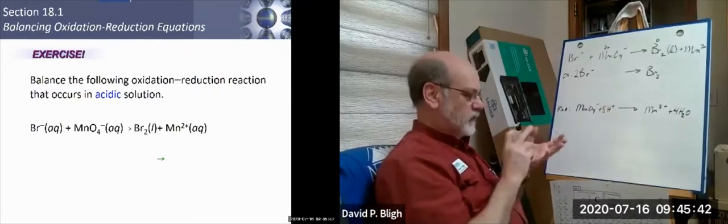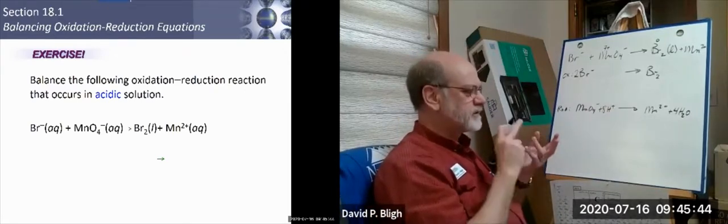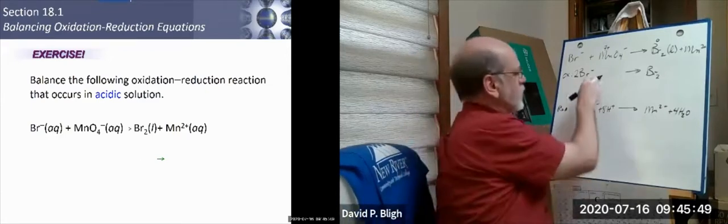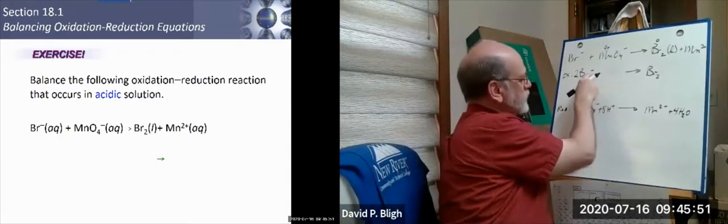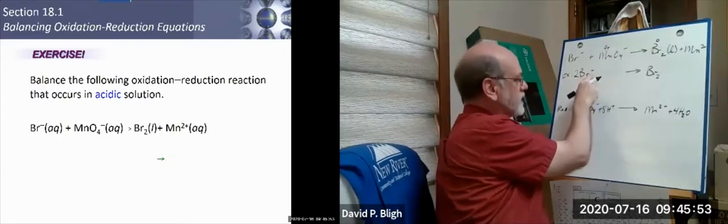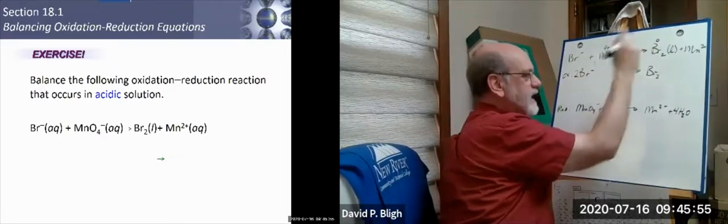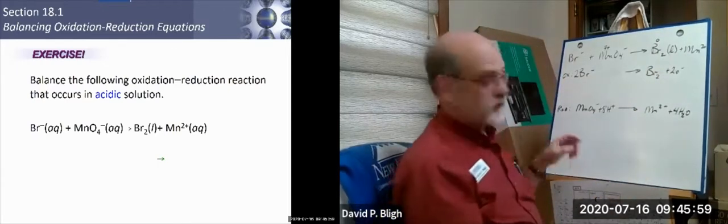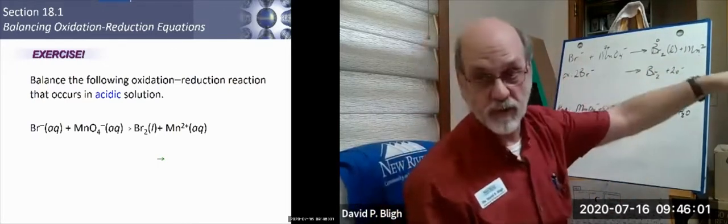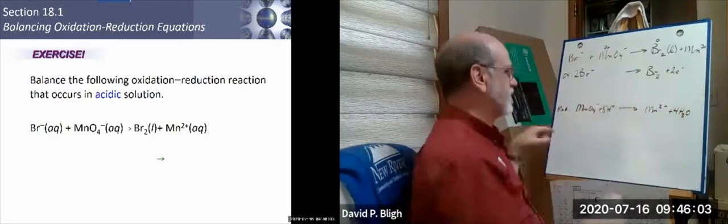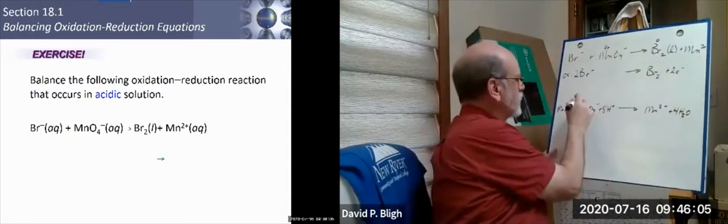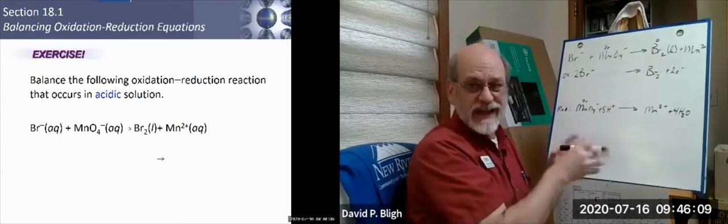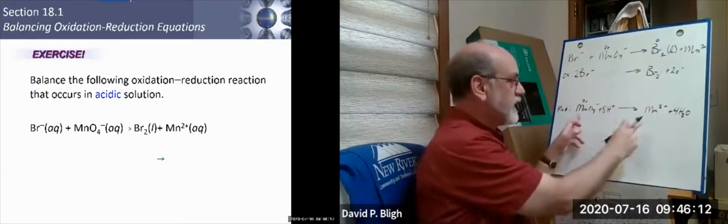Okay, we've done elements, oxygen, hydrogens, now electrons. So if we lost 1 electron per bromine, then for 2, we had to lose 2 electrons. Remember, oxidation, electrons go on the product side. This one, we went from 7 pluses to 2 pluses, which means we had to gain 5 electrons for each manganese.